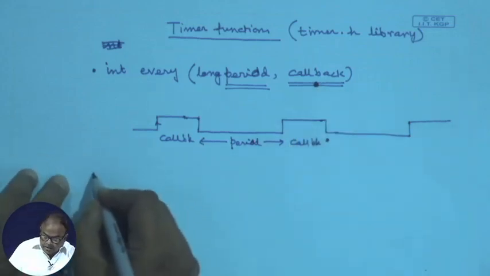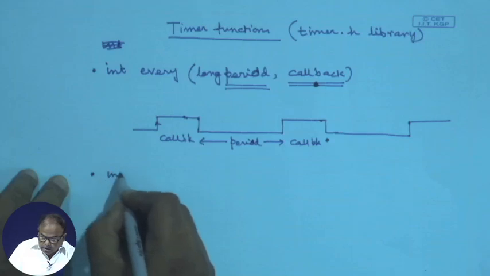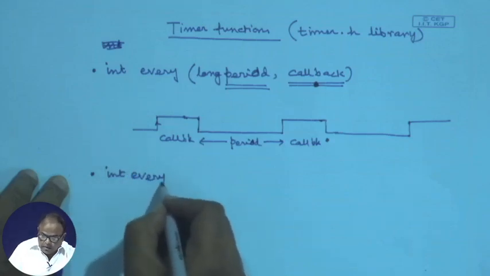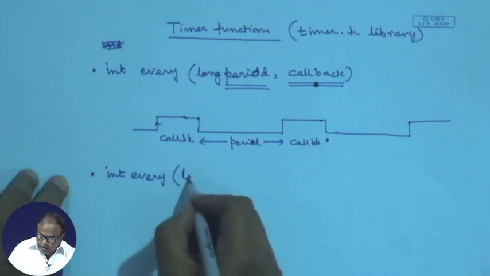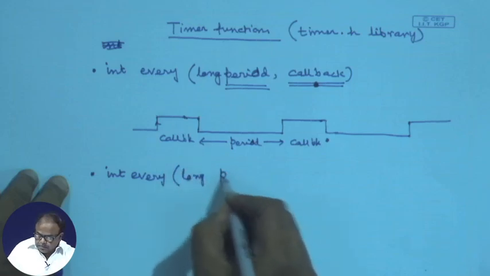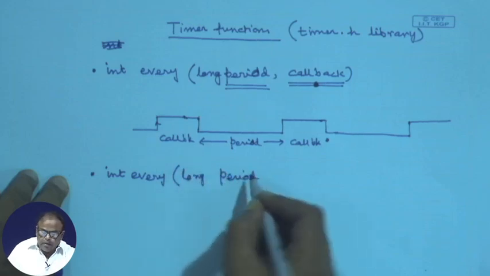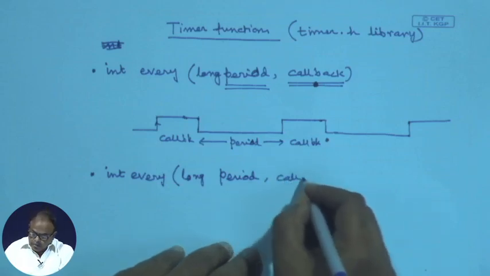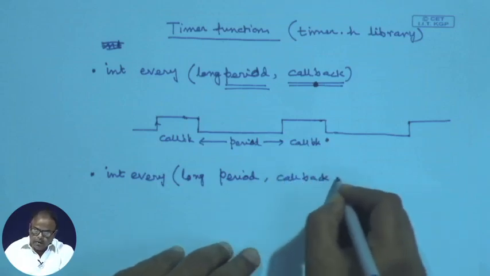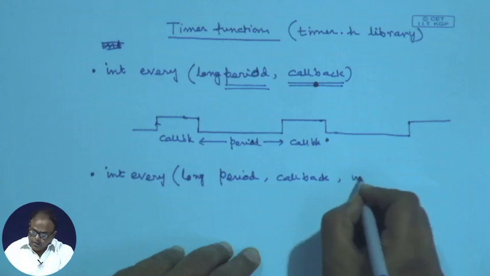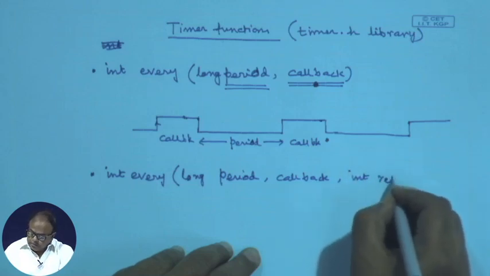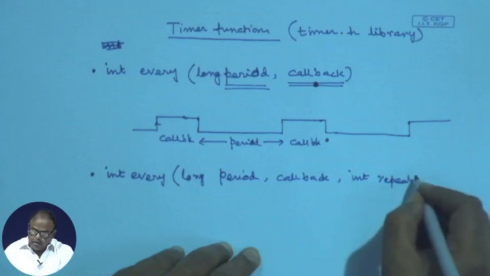The next important declaration is int every, long period, callback, repeat count.